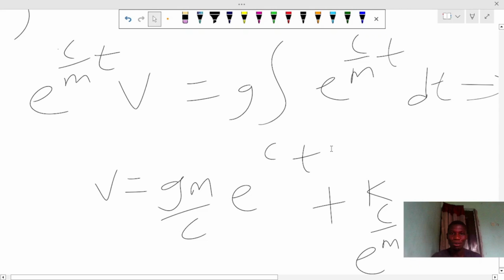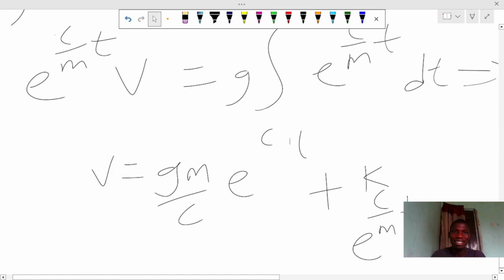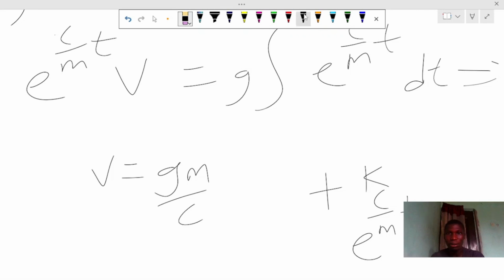Alright. So when we divide through, there will be no e raised to power whatever here, and there will be no e raised to power whatever here, but we'll have e raised to power this here. So of course our division line.